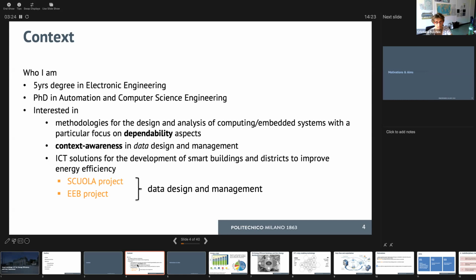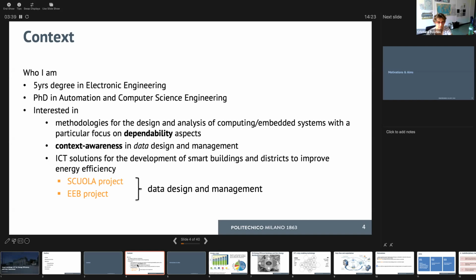So the main idea was not related strictly to a single building, but also to a set of buildings within the same district to try to improve energy efficiency.